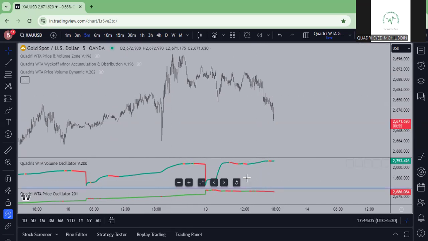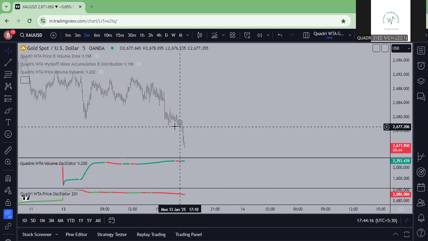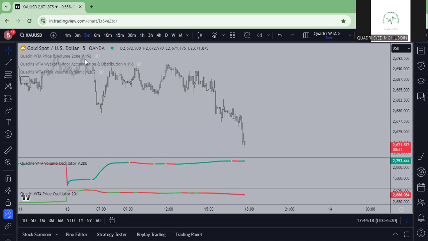So this is how you have to trade based on these two indicators. For example, you can see the volume oscillator is green over here, and price started penetrating downwards, and the price oscillator is giving us the red oscillator.